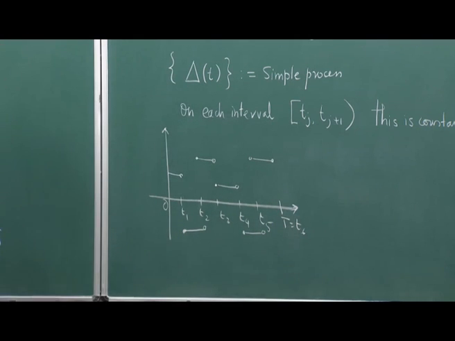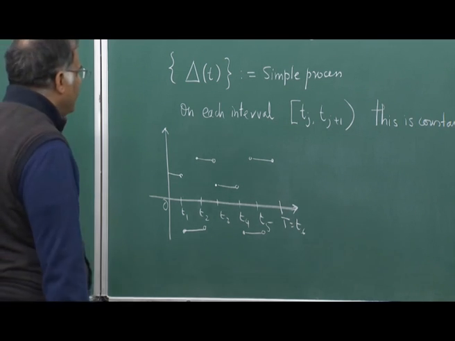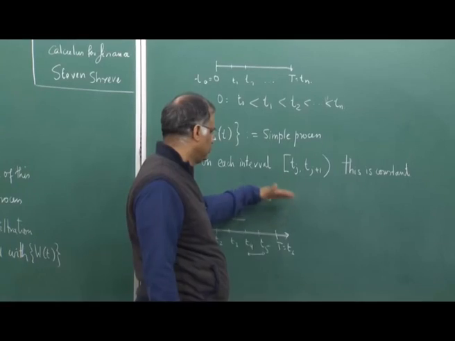This is a step function basically, and this is an example of a simple process. So, this is one sample path of that simple process.